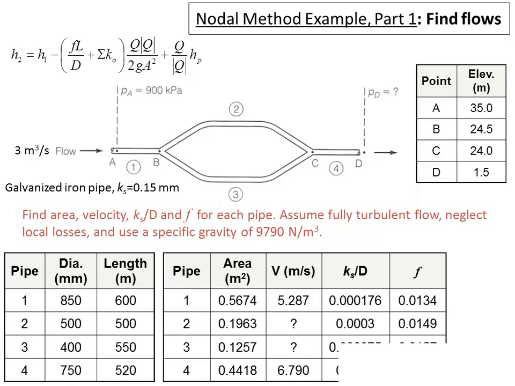Once you know f2 and f3, you can set in all of the other information you know about the relative lengths, the diameters, and so forth, and then find the velocities in terms of each other. So I'd like you to answer the question: what is the flow rate through 2 and what is the flow rate through 3, using the fully turbulent flow assumption and substituting into this friction loss equivalence.